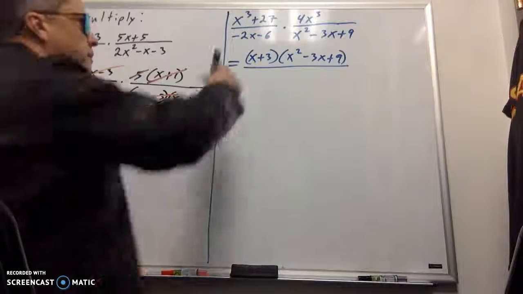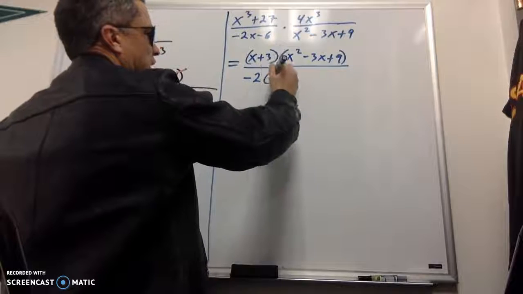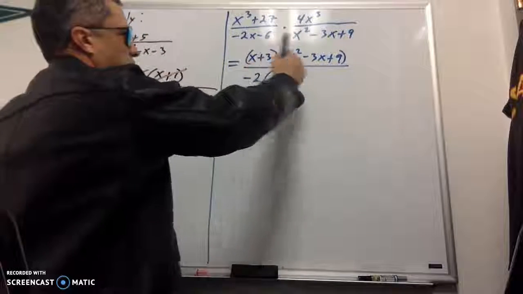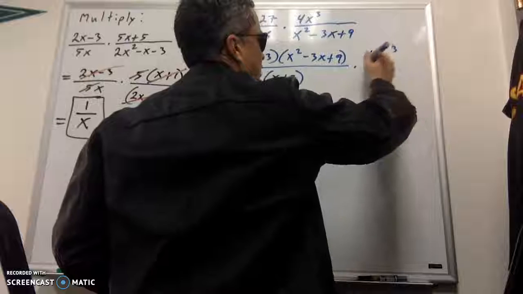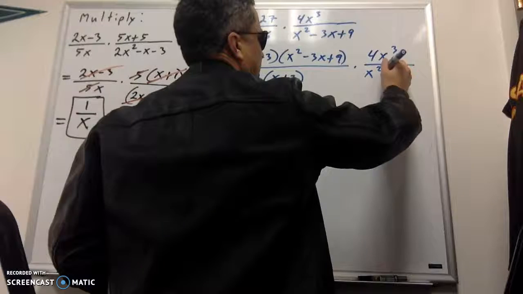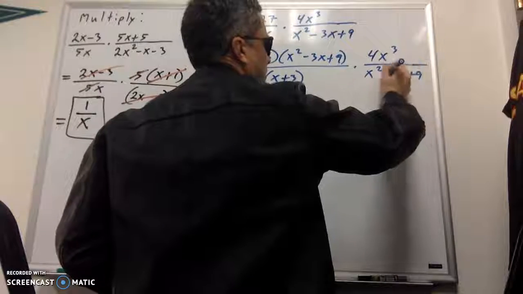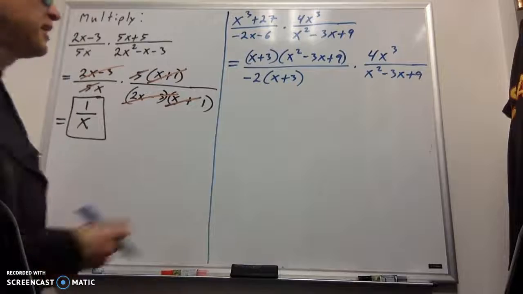Go find it. In this denominator, I'll factor out a -2, and that gives me an x plus 3. Well, that's kind of cool. That's going to drop with this guy. And my second fraction, I'm just going to rewrite right now. It's already factored out.